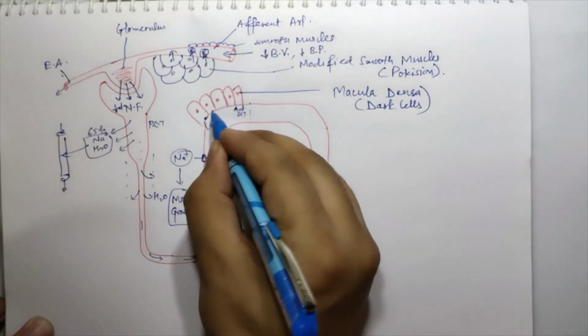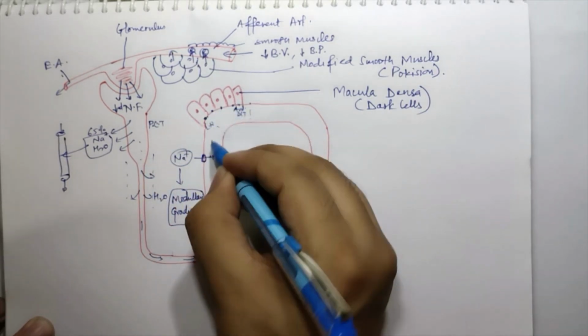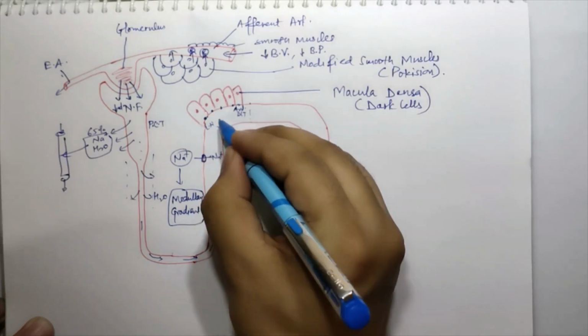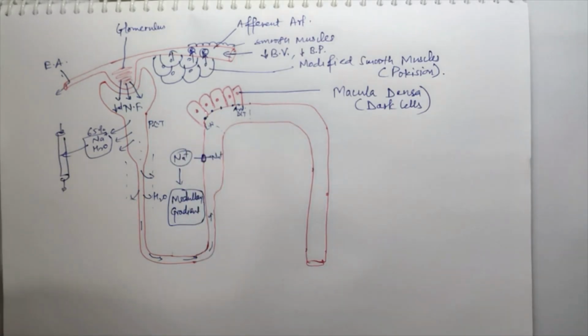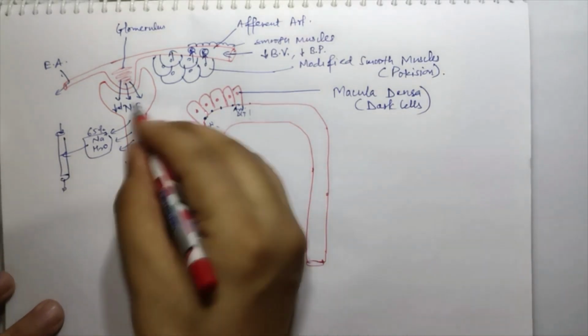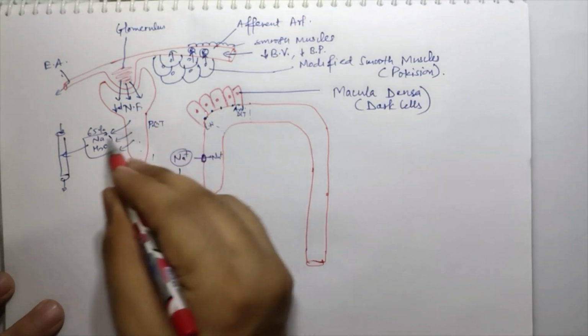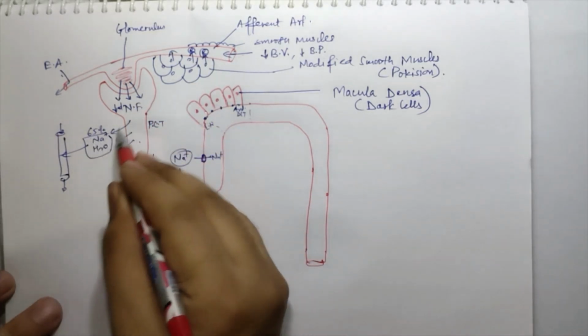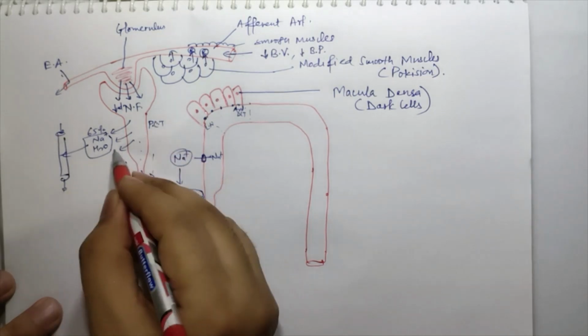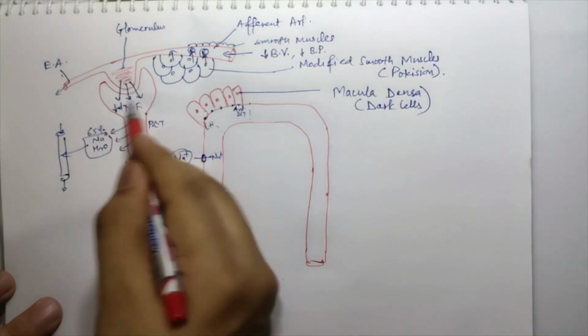Basically these cells have receptor types which sense sodium ions. As you know, 65% of sodium ions are reabsorbed in the PCT from the reduced nephric filtrate.